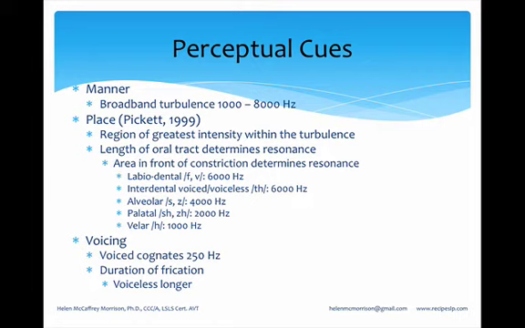Then as I move all the way back to the h, my constriction is at the velar portion of the vocal tract, and the area of resonance extends all the way from the velar point of constriction through the front of the mouth. It's the longest area of resonance. Therefore, it's got the lowest resonant frequency at 1,000 hertz.